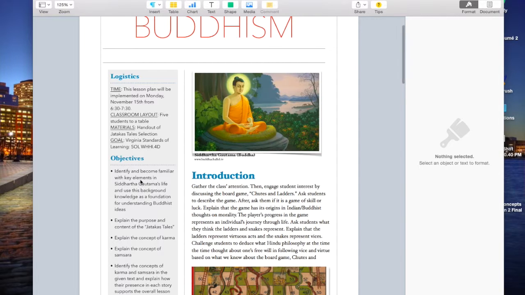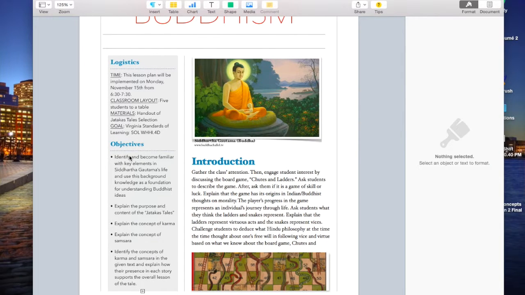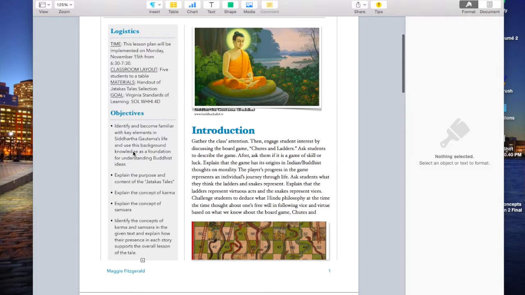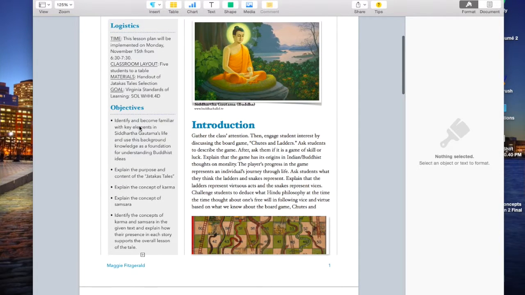Next, which is arguably the most important part to my lesson, I have the objectives. These are the measurable objectives that I wish to achieve during my instruction, whether that be implemented through the work we do in class or the work I assign for them to do at home. So here we can have the ones I implemented in this one.